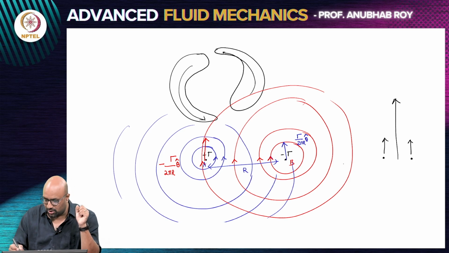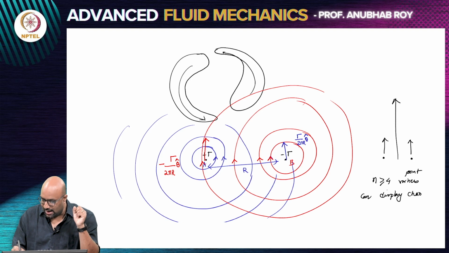What you can show formally is that if you have more than 3, so 4 and above, point vortices will display, or can display, I should not say will, can display chaotic behavior.